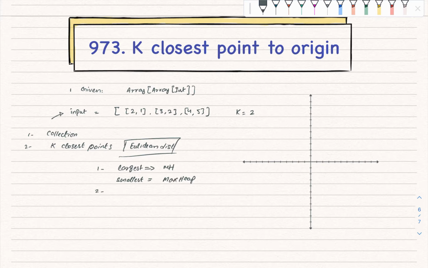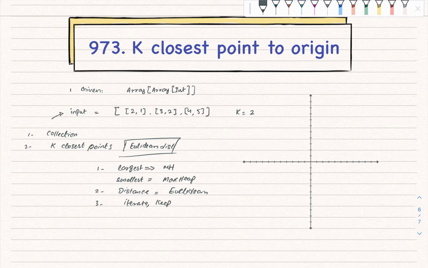The second point is the basis on which they make decisions, the ordering, which is distance, and that distance is calculated by Euclidean distance. And third, for sure, we will go with the same approach.